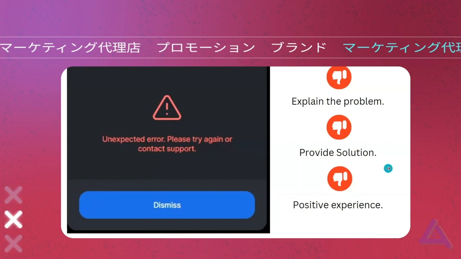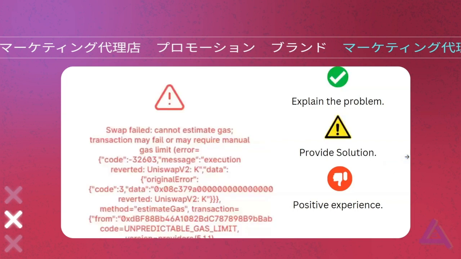When you have an error, you won't say, oh yes, I'm happy because now there is an error on the system, right? But you can still have a positive experience because, okay, now I know the solution and I can work towards it. And the same goes for the next one.